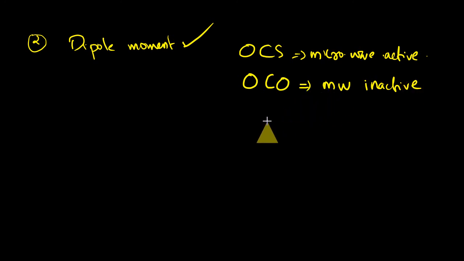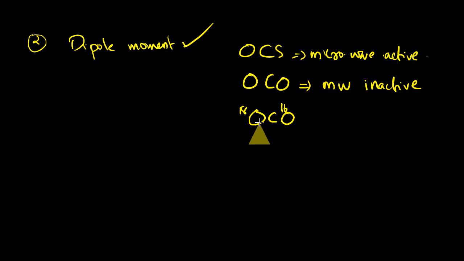But if you are substituting one of the oxygens with another isotope, for example, if you are substituting one oxygen with O18, so this is O16 and this is O18, will it show a microwave spectrum? The condition for a molecule to show a microwave spectrum is that it should have a permanent dipole moment.